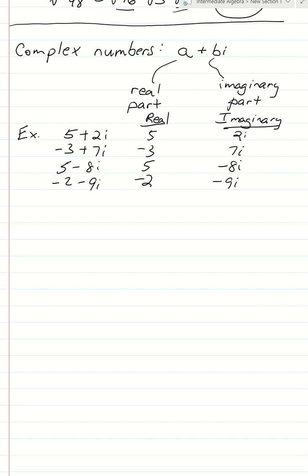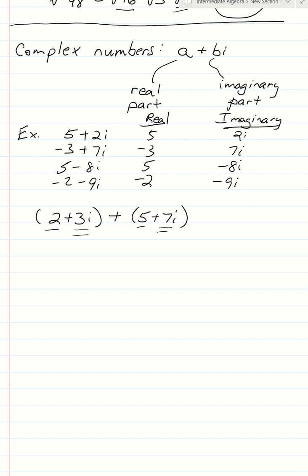Now let's take a look at performing some basic operations, the 4 basic operations of adding, subtracting, multiplying, and dividing of complex numbers. For example, let's say we take 2 plus 3i plus 5 plus 7i. We want to add these two complex numbers together. Well, all we have to do is something very, very simple. We have to combine like terms. We want to combine the real parts, and we want to combine the imaginary parts.